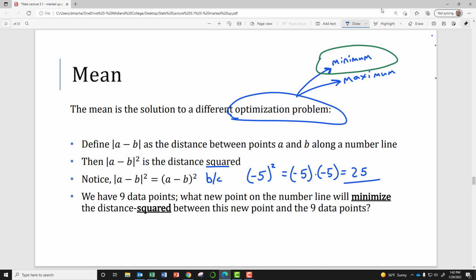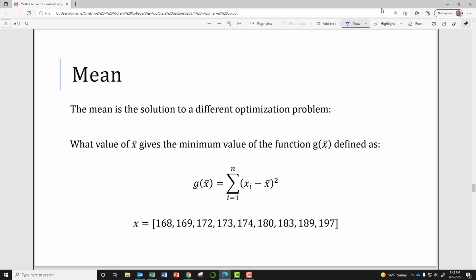So we have 9 data points, and we're asking the question, what new point on the number line will minimize the distance squared between this new point and the 9 existing data points? I'm going to call our new point that we're talking about x bar. And again, we're looking for the minimum value of a function, which I'll name g of x, where I define the g of x function as this.